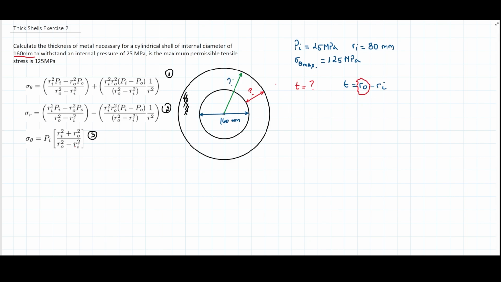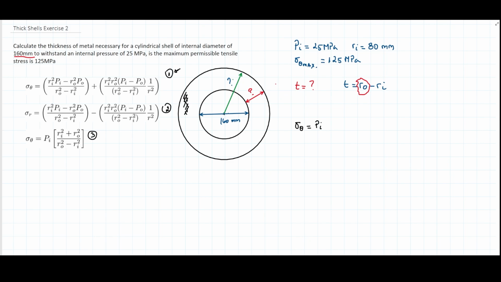I have written here on the left the formula for the circumferential stress in the particular case where there is only internal pressure, and we're talking about the maximum circumferential stress. So if I bring that down here, I have the maximum circumferential stress defined by this formula. This is just taking into account, from equation 1 here, that there is no external pressure and the radius equals the internal radius.